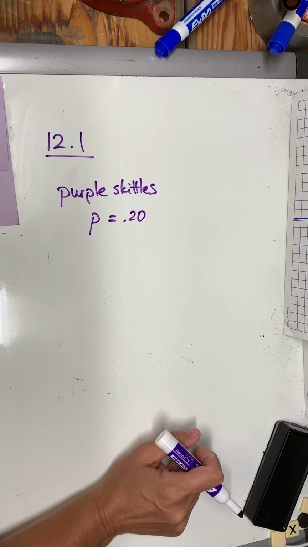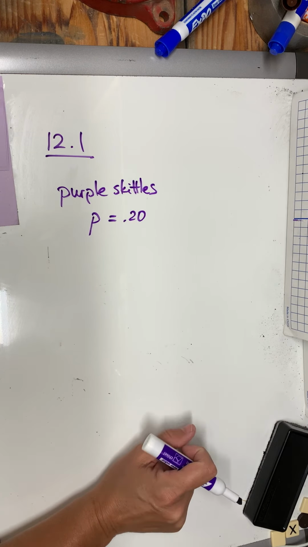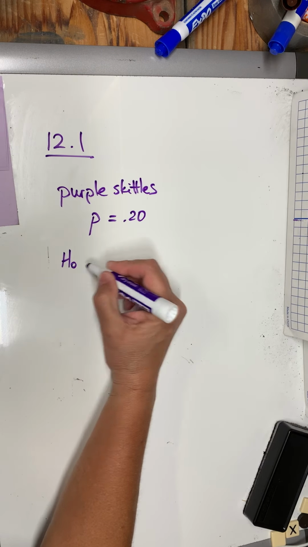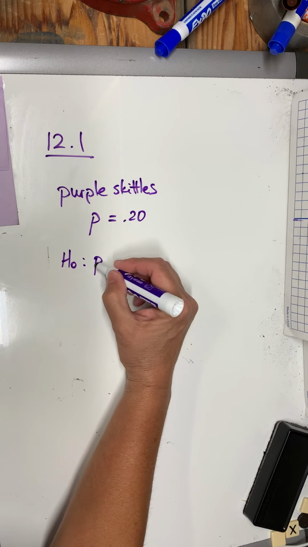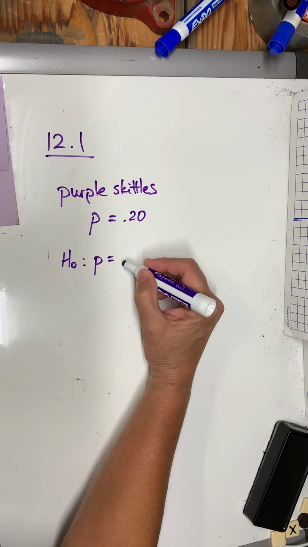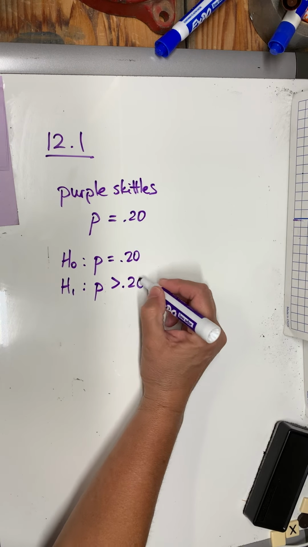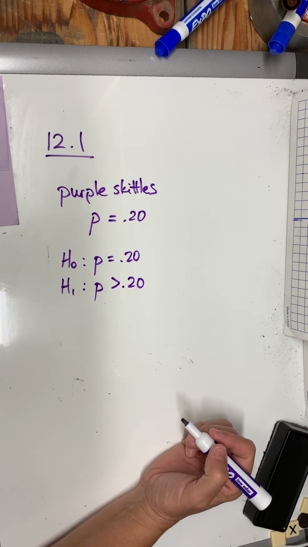In other words, when you open up a bag of Skittles, you should have 20% purples. So you would do a null hypothesis that says the proportion is 20, and the alternative might be something like, no, I think there are more purples than that. So it's more than 20.